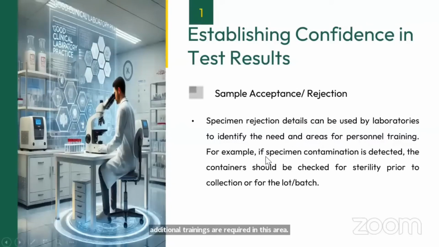Similarly, here is one more example we have taken. If specimen contamination is detected, the container should be checked for sterility prior to the collection, for the lot and batch. So if you are getting multiple contaminations during your microbiological examination, then you should check whether the containers are appropriately kept, whether they are appropriately stored, and whether the standard collection practices are followed for sterile sample collection.